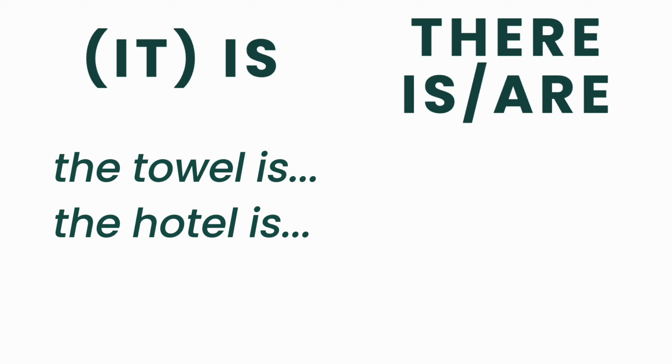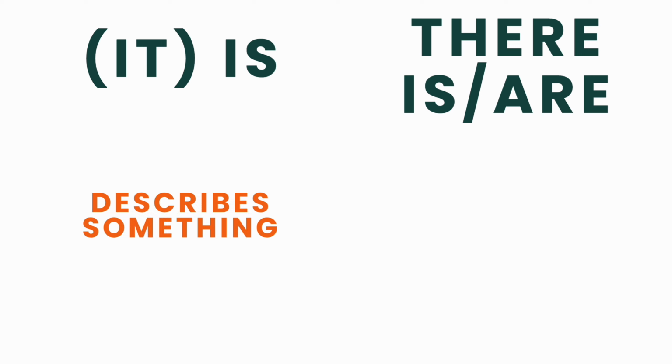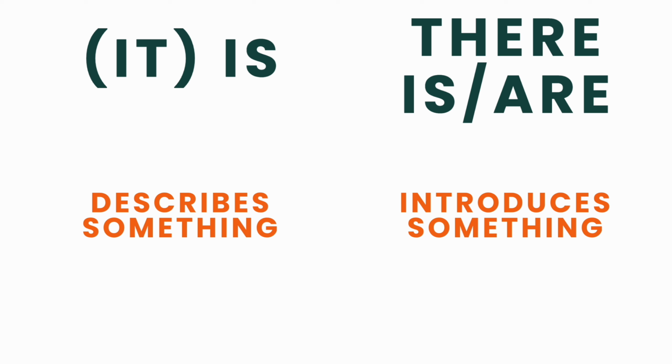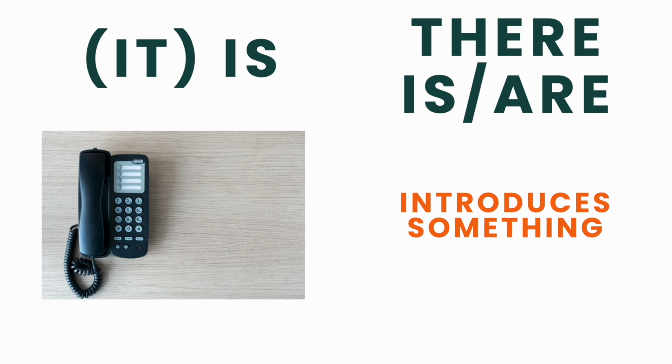We use is or it is, the towel is, the hotel is, the room is. When we describe something, is or it is describes this thing. There is or there are introduces that thing. Let's have a look at two examples. Here is a phone, right?